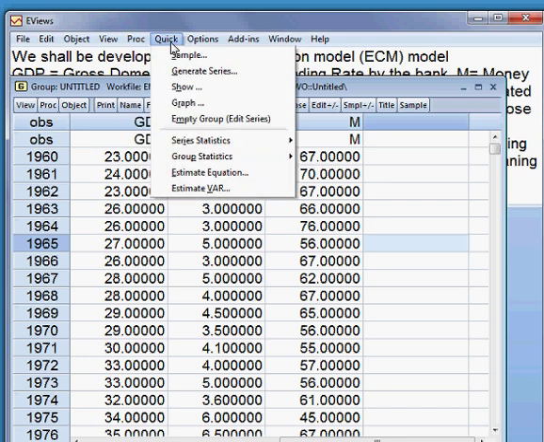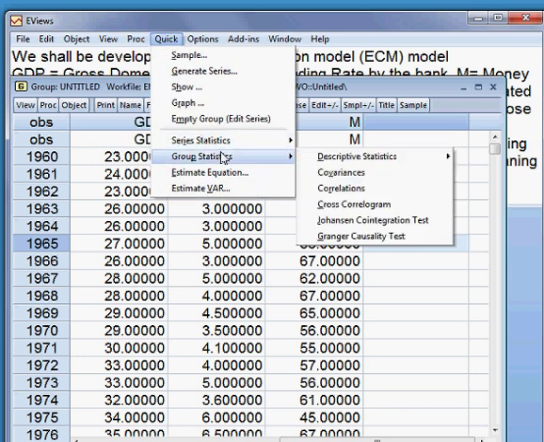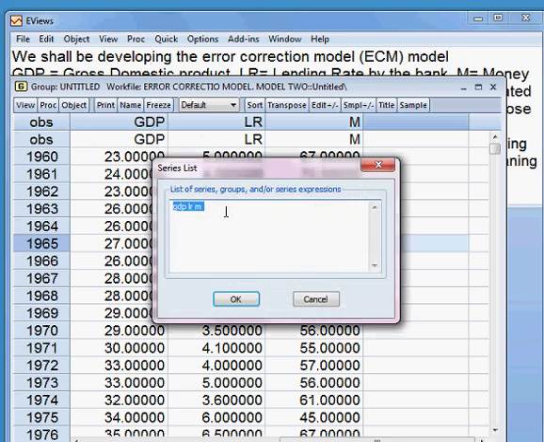I go to Quick, then Group Statistics, then Johansen Test of Cointegration, and here I put all our variables: LR, GDP and M. Here LR is the lending rate, GDP is the gross domestic product, and M is the money supply.